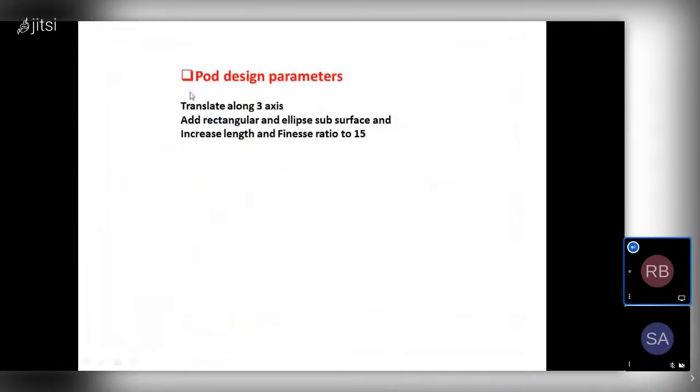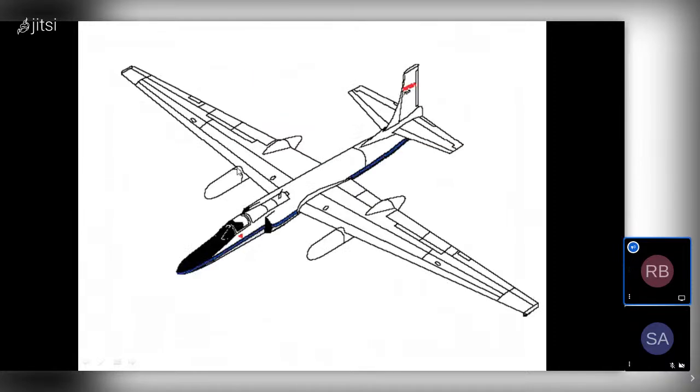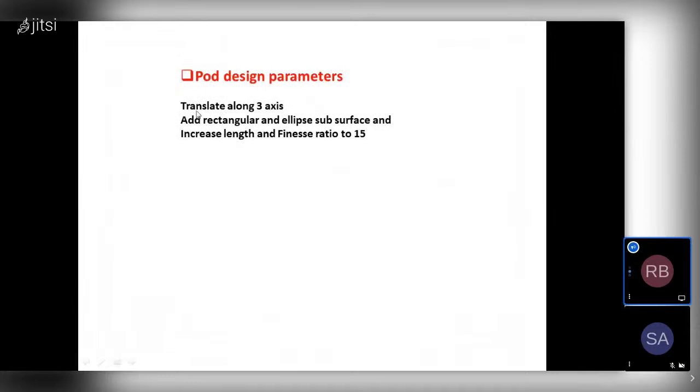Today I'll be telling about the design parameter. Suppose you get a design parameter like this: translate along three axes, which means it designs any such pod and places it somewhere on your aircraft below the fuselage, by translating along three axes, and add rectangular or ellipse subsurfaces and increase length and fineness ratio to 50.